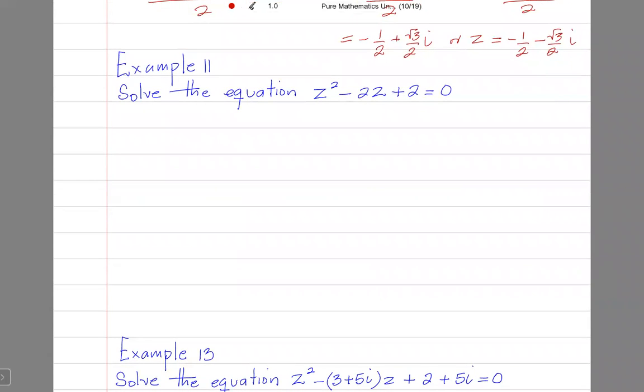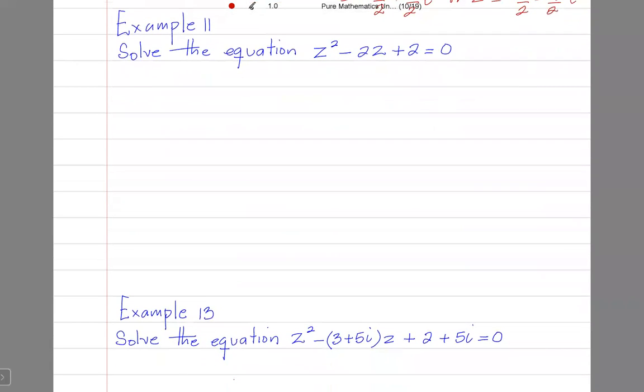Same treatment: z would be equal to minus b, so that's minus 2, plus or minus the square root of b squared, which would be minus 2 squared, minus 4 times a, which is 1, times c, which is 2, and this is all over 2a, which is 2 times 1.